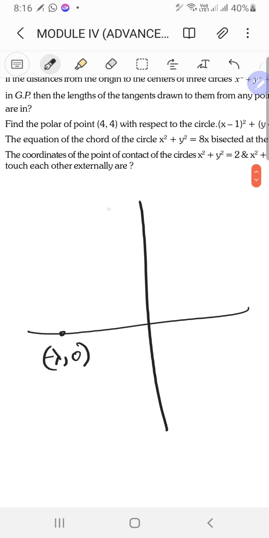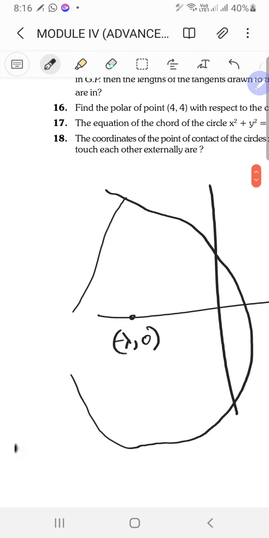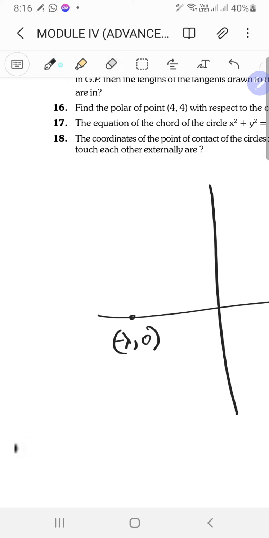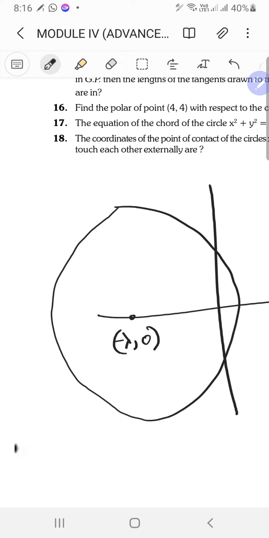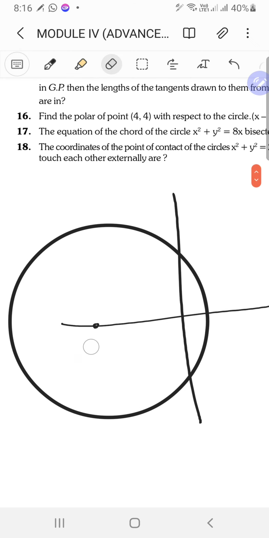Yeah, so it has to be something like this. Ah, this is really bad. Okay, so that should be the circle which we are talking about.